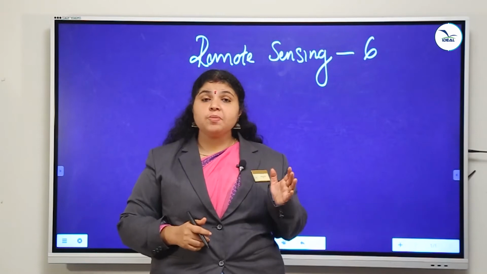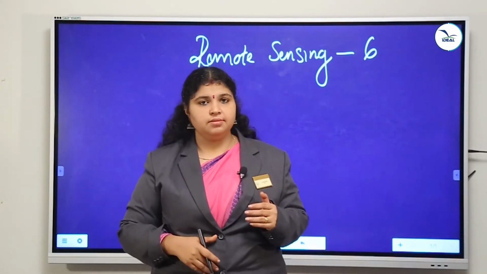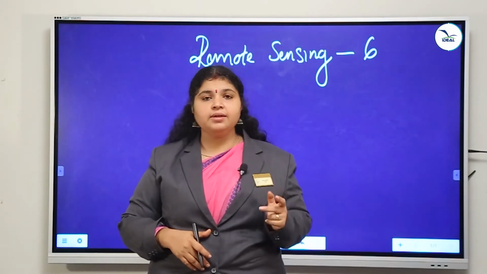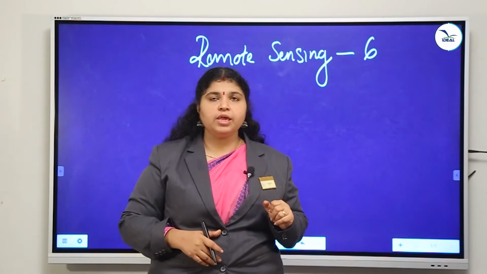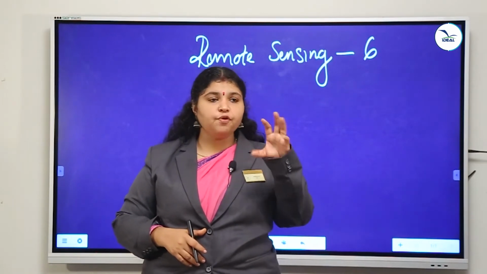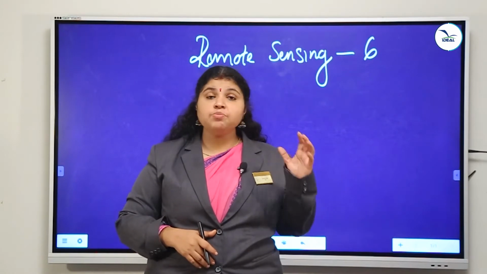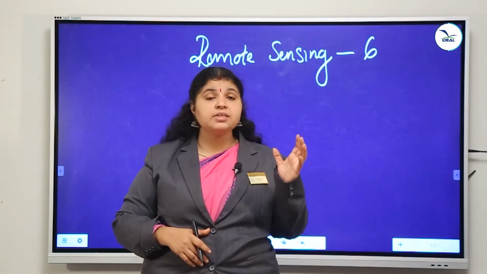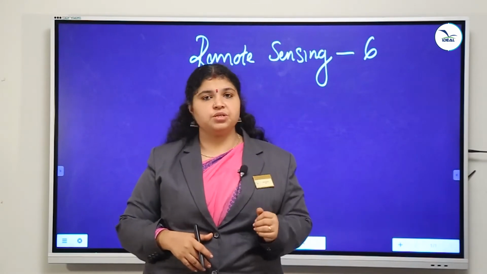The instruments used for remote sensing are called sensors. Cameras and scanners are the two important sensors. Cameras collect photos from reflected light, while scanners are sophisticated instruments that record electromagnetic radiations.